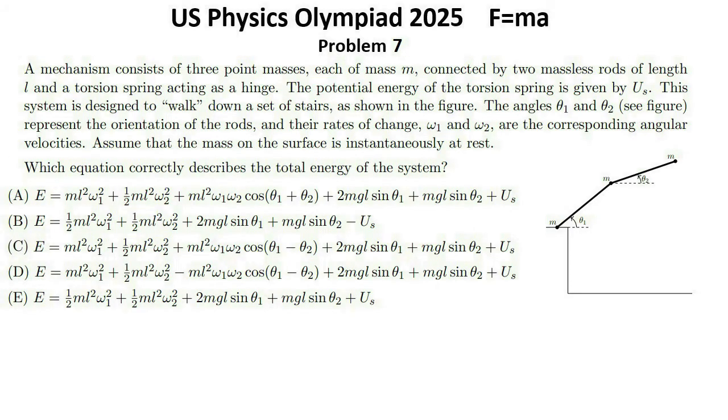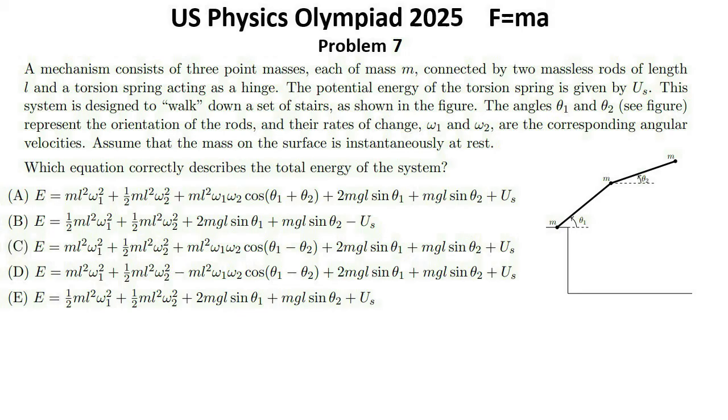Problem number 7. A mechanism consists of 3 point masses, each of mass m, connected by 2 massless rods of length L and a torsion spring acting as a hinge. The potential energy of the torsion spring is given by Us. This system is designed to walk down a set of stairs, as shown in the figure.